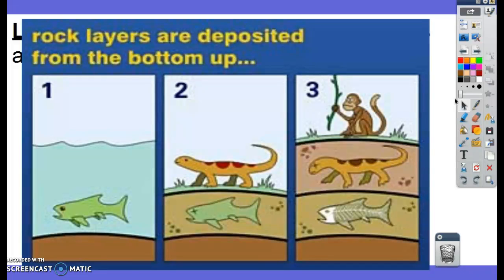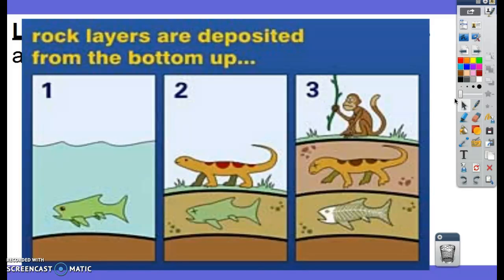Maybe the ocean dried up, maybe it filled in, right? Now we got this little lizard reptile guy. Maybe a volcano erupted and he got buried. Wah wah, he's dead, right? Now we got a monkey. Which one of these 3 layers, which one of these organisms is the oldest? The fish, right? Because he's on the bottom.